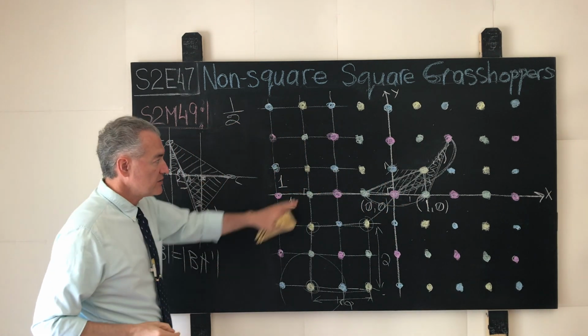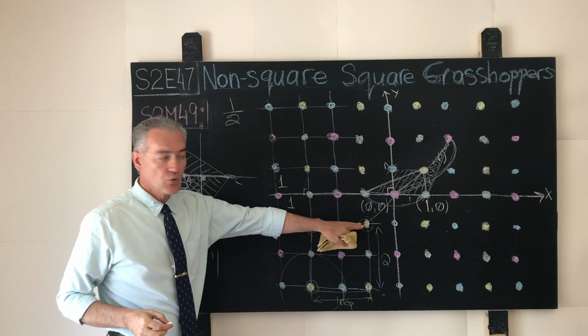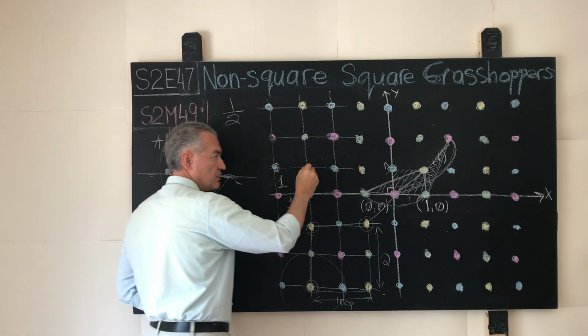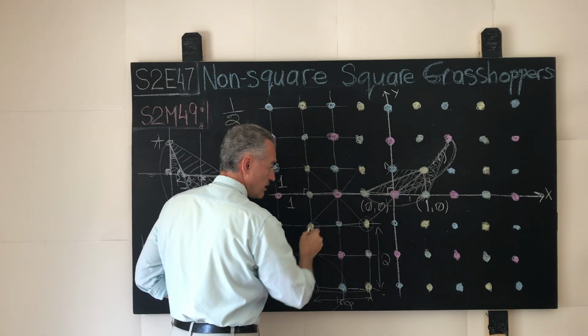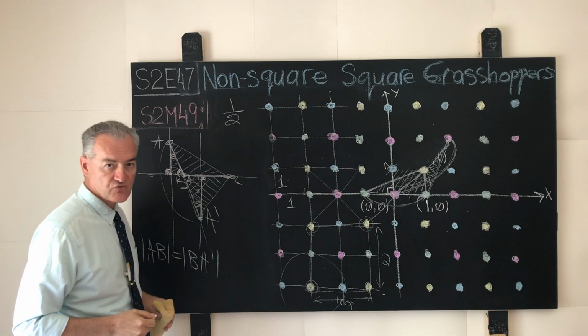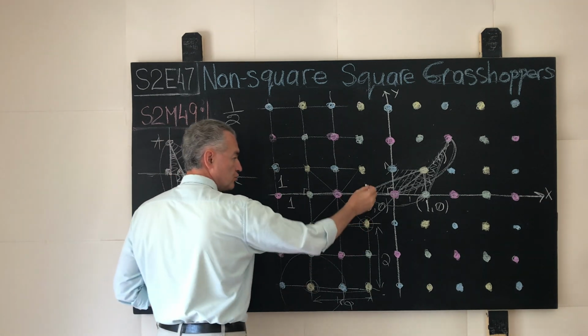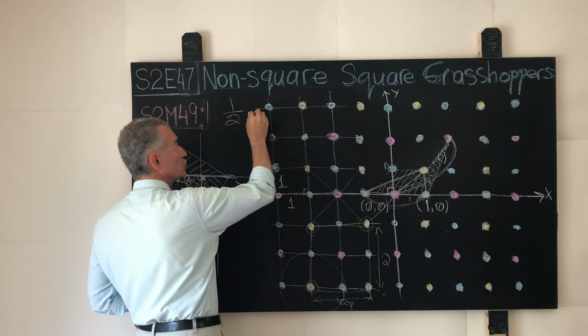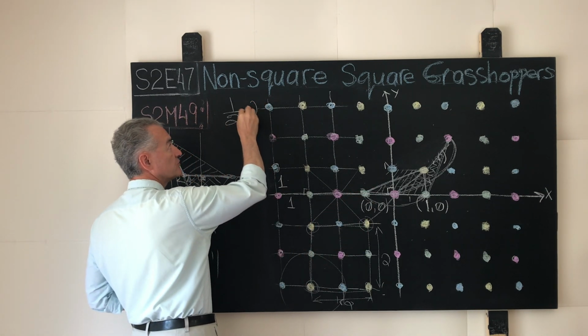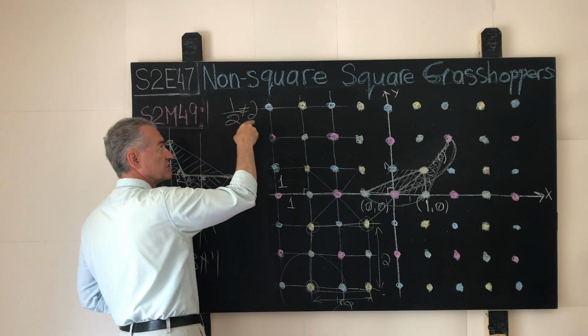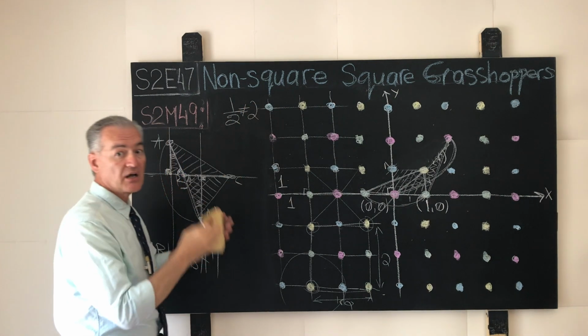And if the destination square is 2 by 2, what is the area of the triangle that is formed by any three such vertices? Well, 2 times 2 is 4, over 2 is 2. Is 2 the same as 1/2? No, it is not. 1/2 is not 2. 2 is not 1/2. Contradiction.